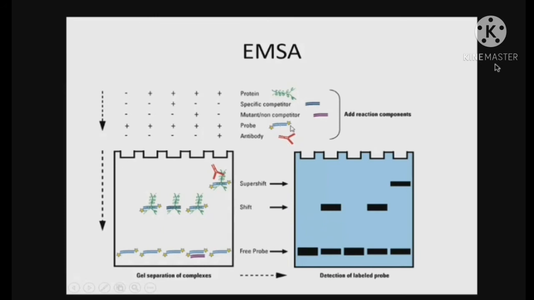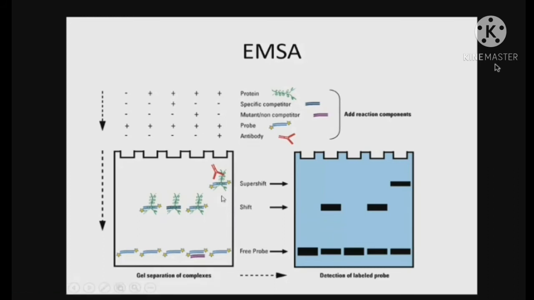So again, what will happen? All the probe becomes free and it will migrate like natural. Your protein and DNA are somewhere here, but since this is not labeled, you are not able to see it. In this way, we can find out the specific binding of that DNA and protein. If it is non-specific, you add a mutant competitor and then you can check.